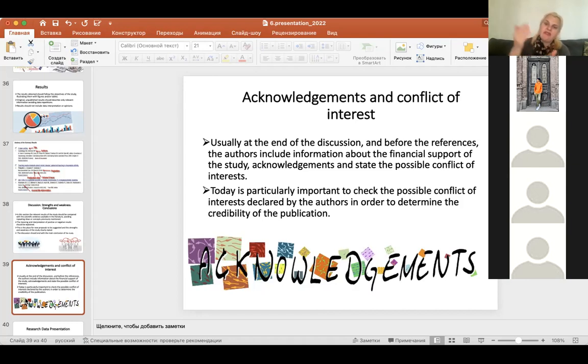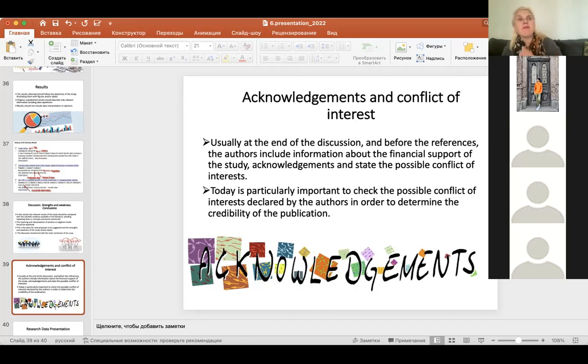Usually at the end of the discussion and before references, the authors include information about the financial support of the study, and an acknowledgement that states the possible conflict of interest.